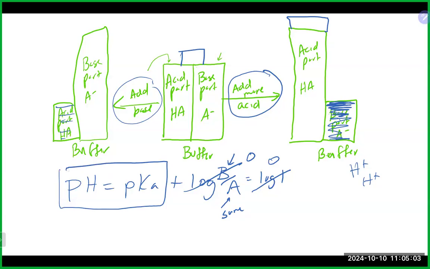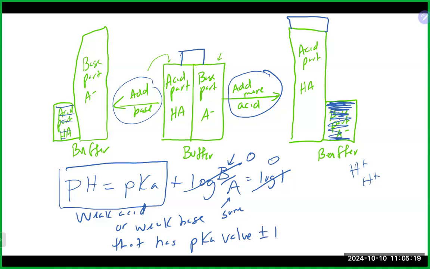So typically speaking, you would want to choose a weak acid or weak base that has a pKa value plus or minus 1 of your desired pH.